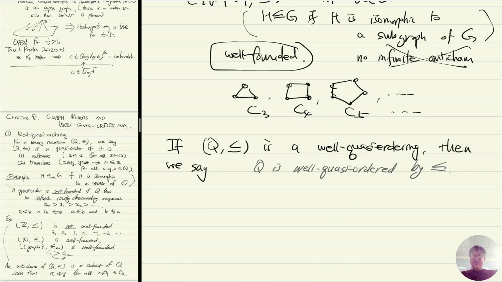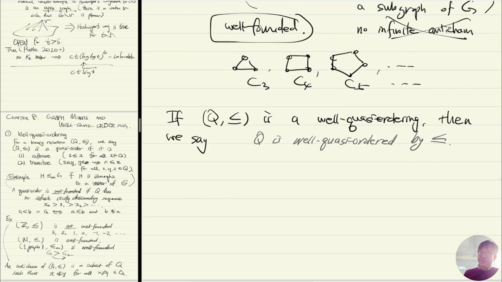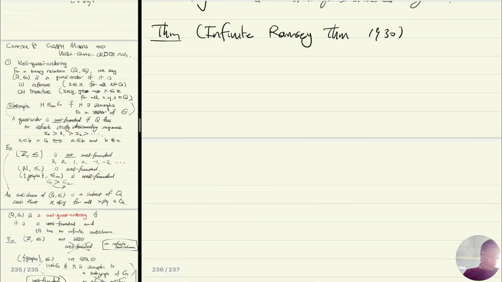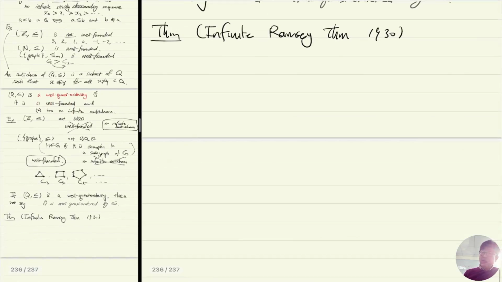Okay, before that, I will tell you some theorem. So let me start with something called the infinite Ramsey theorem, 1930. So the infinite Ramsey theorem is as follows: let k be a positive integer.